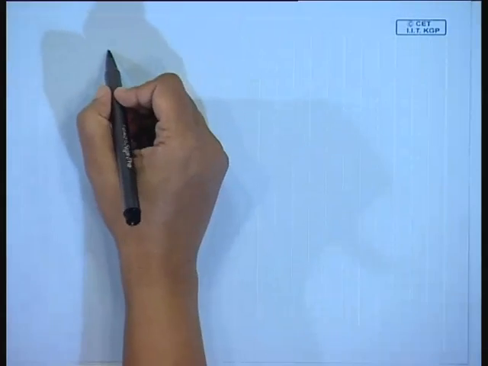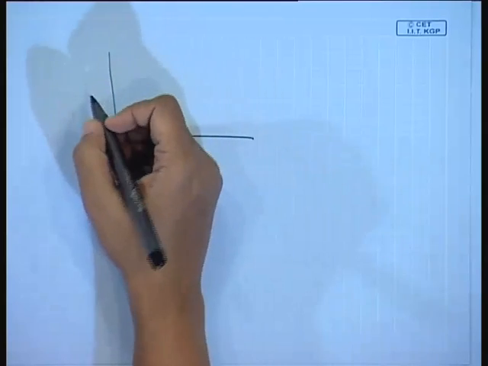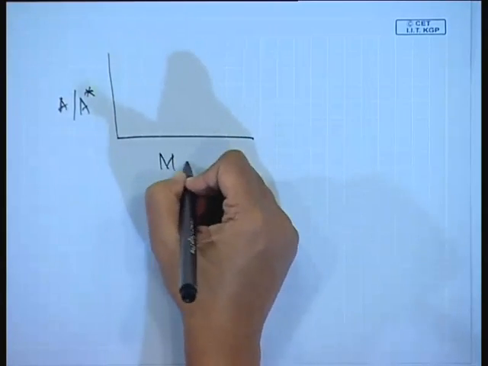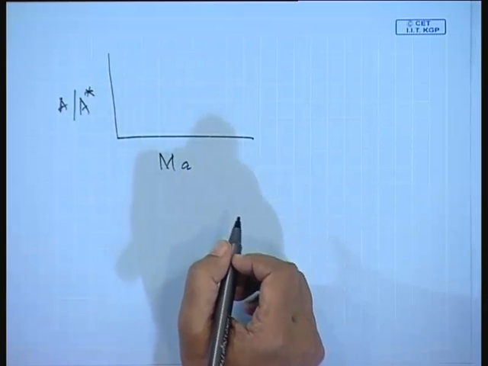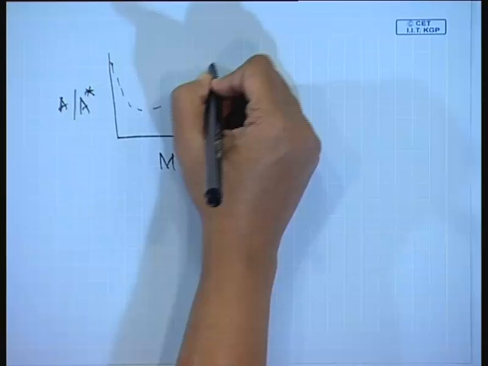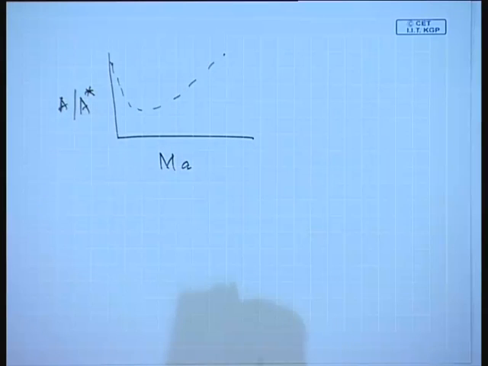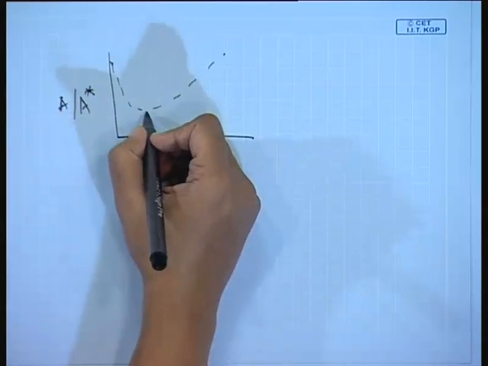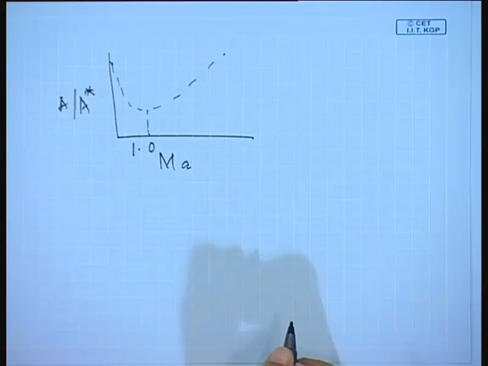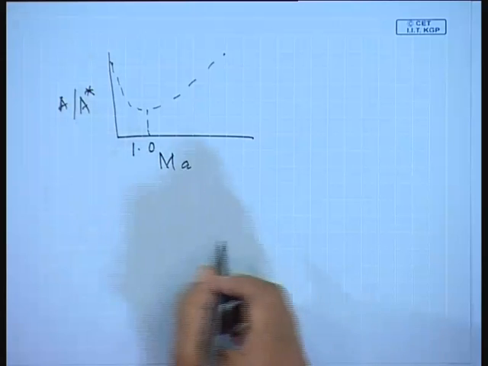Yes. So, if we plot A by A star as a function of Mach number, what do we get? We get a curve something of this sort, where the minimum is obtained at Ma equals to 1.0. So, what do we find from here?